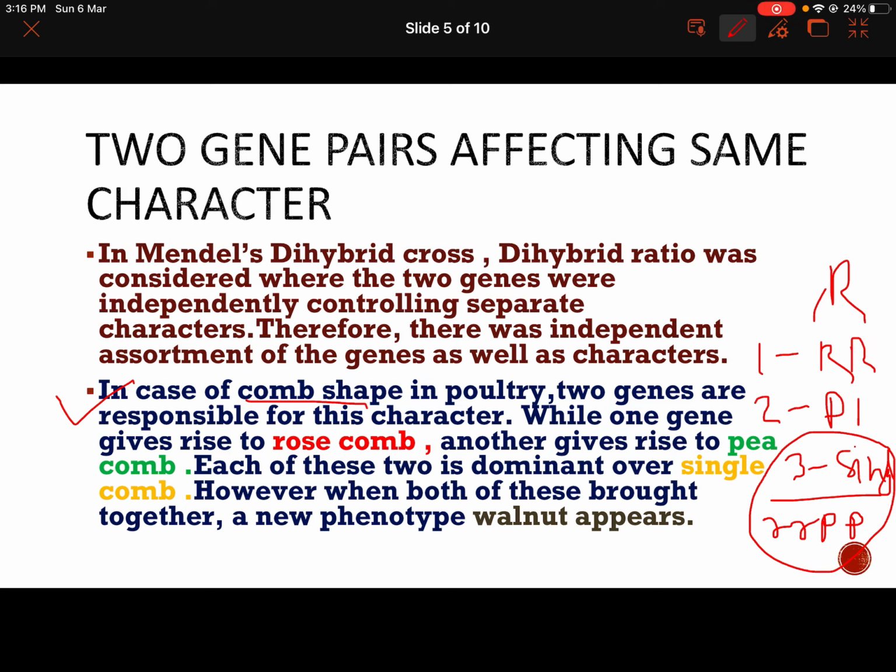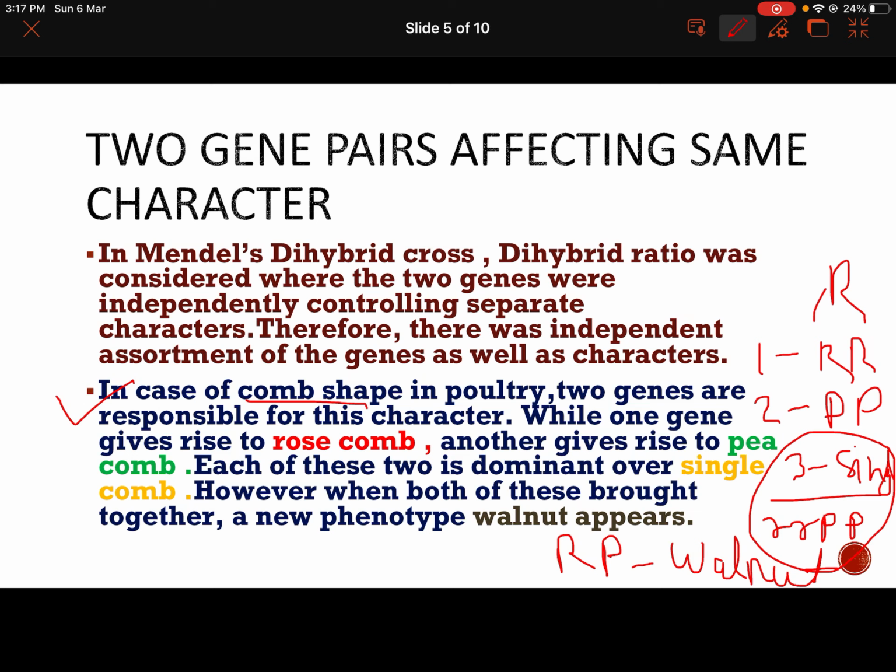When PP is present, the comb shape will be pea. When both dominants are absent, only recessive present, the comb shape will be single. And when one R and one P are present, it means heterozygous, then it will have walnut. So by interaction of two genes, we have 4 phenotypes of one character.